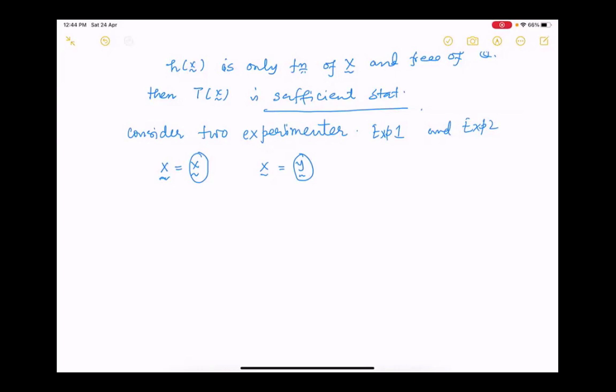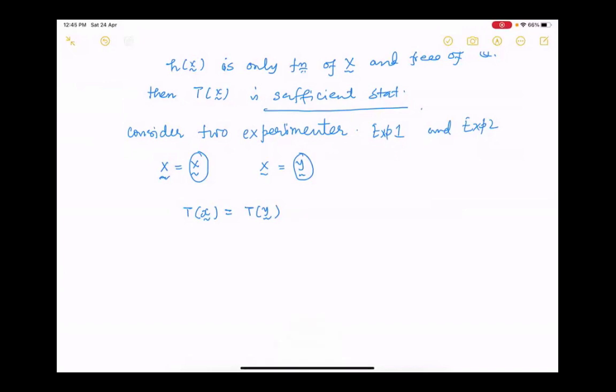Now, it is possible that T of x tilde is equal to T of y tilde, even if they have separate realizations, but they may end up with the same statistic.